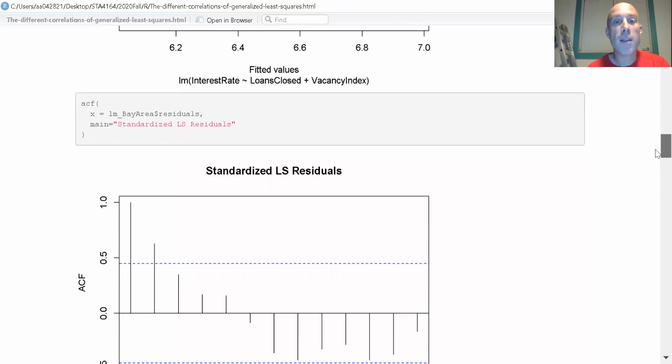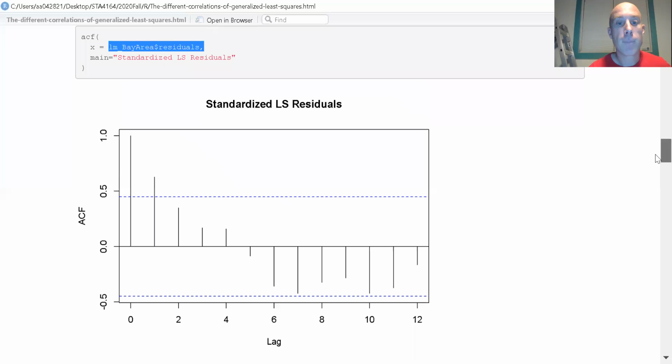So let's go ahead and take a look at the autocorrelation between my residuals. Here I'm going to use the ACF function. AC stands for autocorrelation. And I'm going to plot the residuals from my linear model. Remember that in autocorrelation, lag 0 is the correlation between an observation and itself.